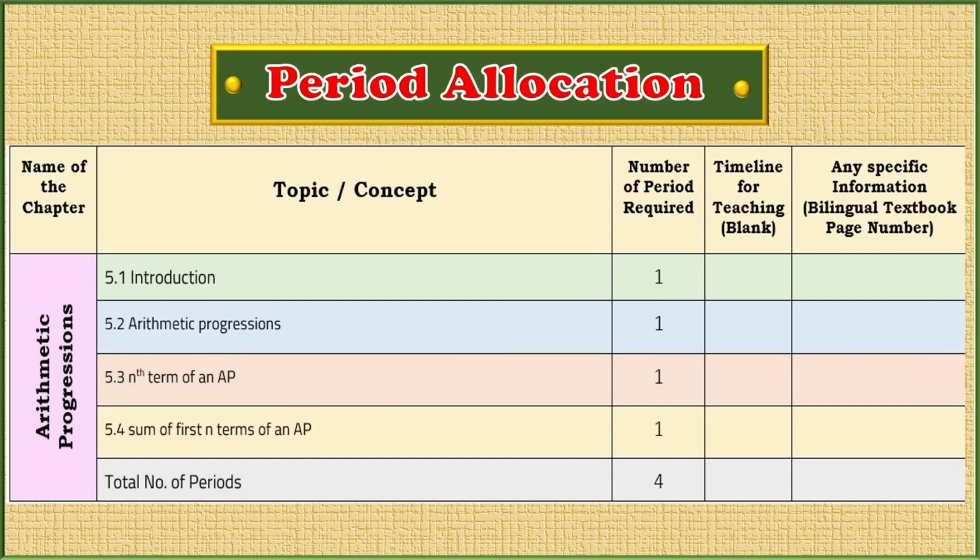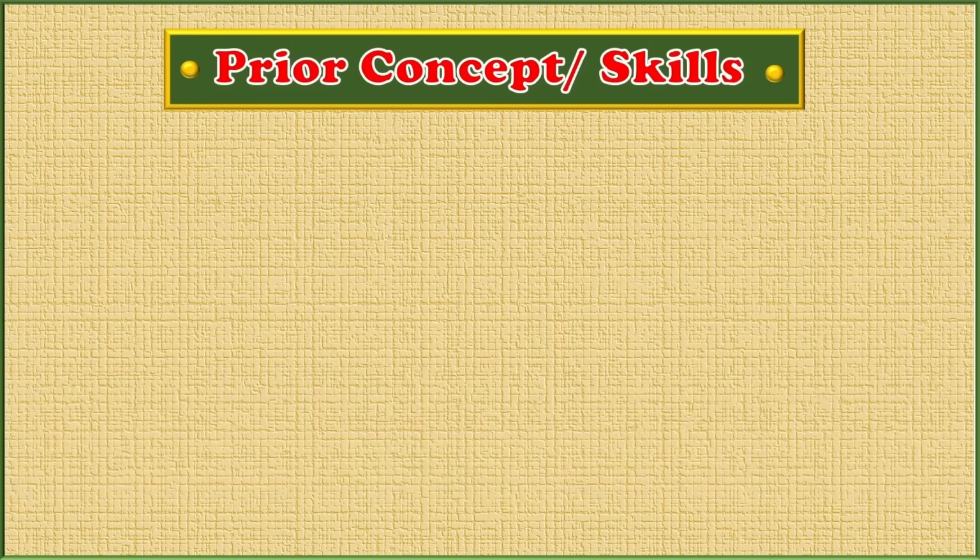Total number of periods are 4. These are instructional periods. So total number of instructional periods are 4 and 6 more non-instructional periods are also allotted. So total periods are 10 allotted to this chapter.